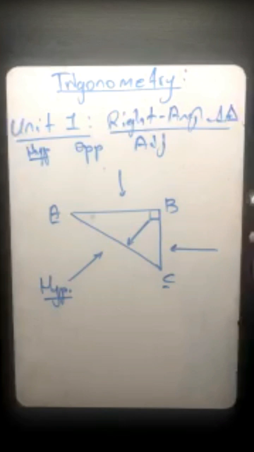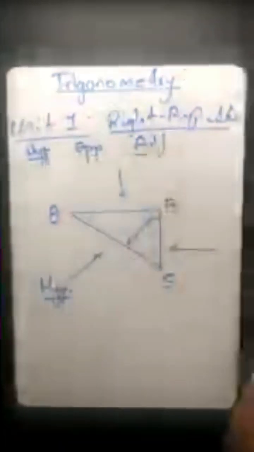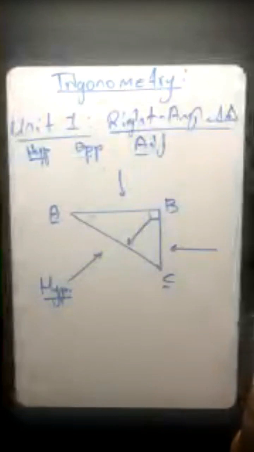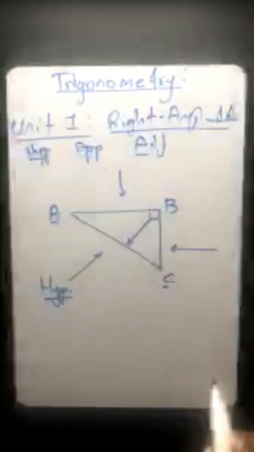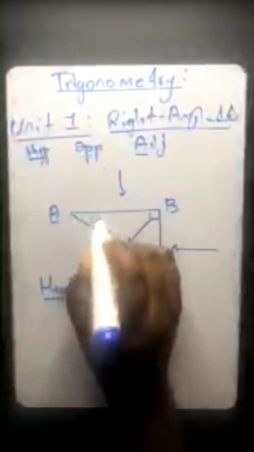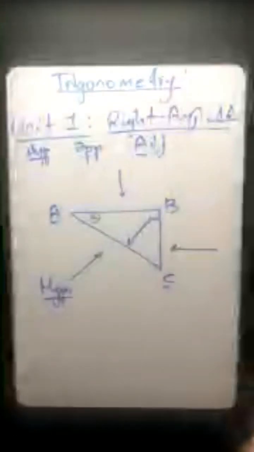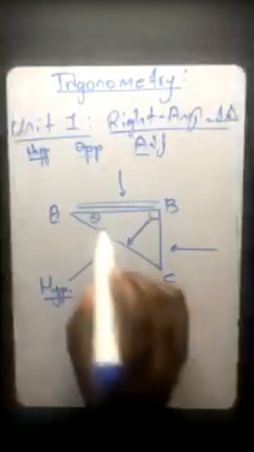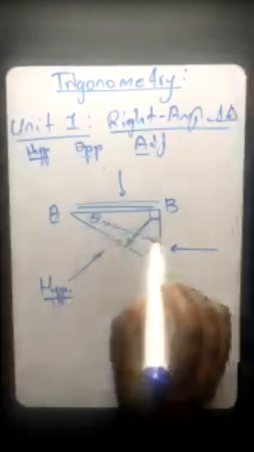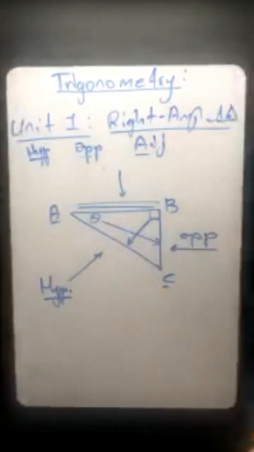You can only tell which side is opposite and which is adjacent if you have the reference angle, which could be an angle there or an angle there. If I say this is your reference angle, that's when you will know that this side is adjacent, and the side opposite to the reference angle is called opposite.